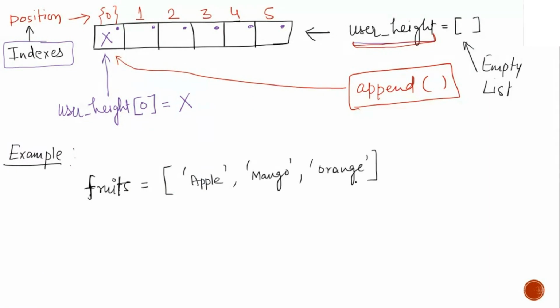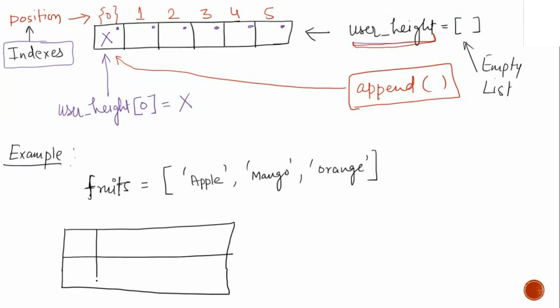So how will it be arranged? When we have defined this list, it will be arranged like this. First we have apple here, then mango here, and then orange here.